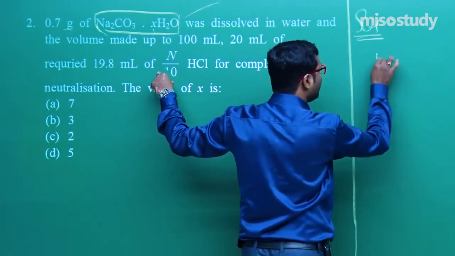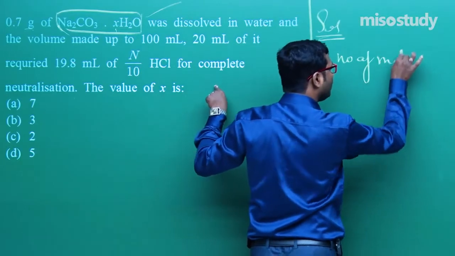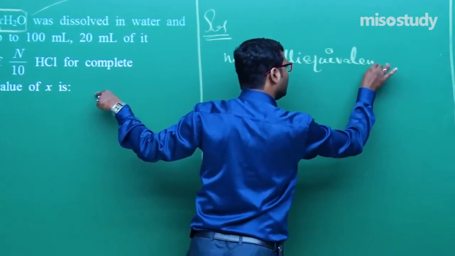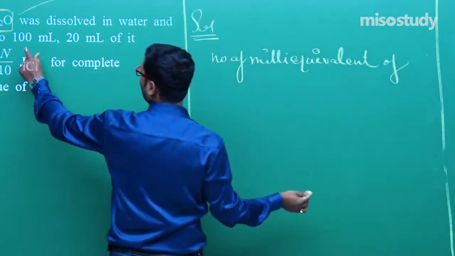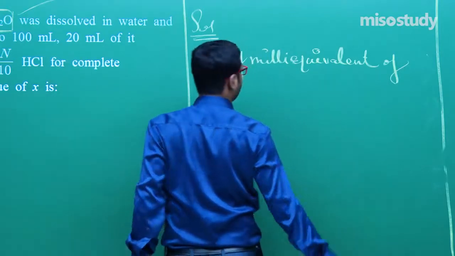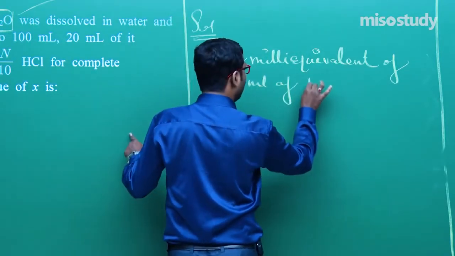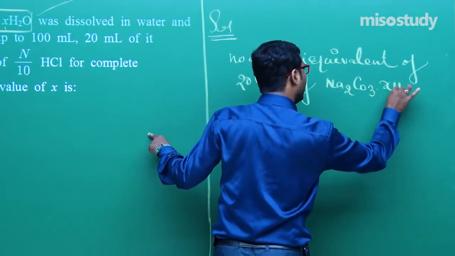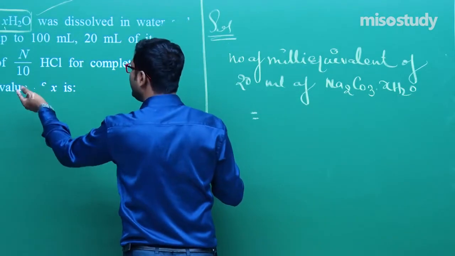The number of milliequivalents of 20 ml of Na2CO3·XH2O is equal to, what will be the value here?